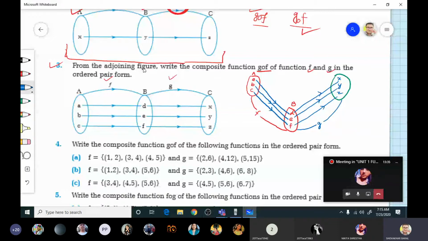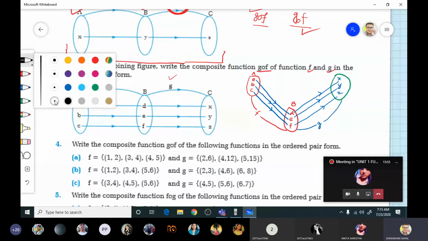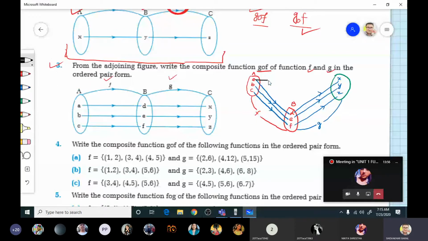Now see here. What will be the elements in the function g composite f? First of all, a is mapped with element d, and then d is mapped with element x. So I can say that the final mapping will be something like this: a will be mapped to x, b will be mapped to y, and then c will be mapped to z.